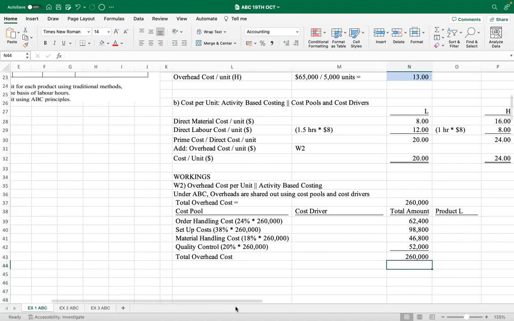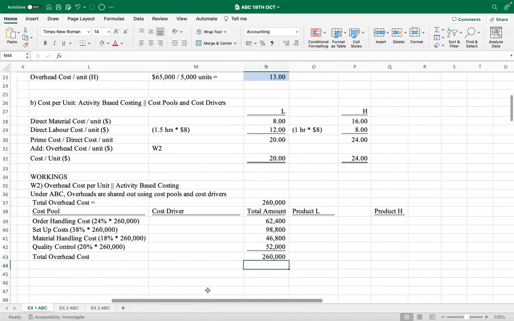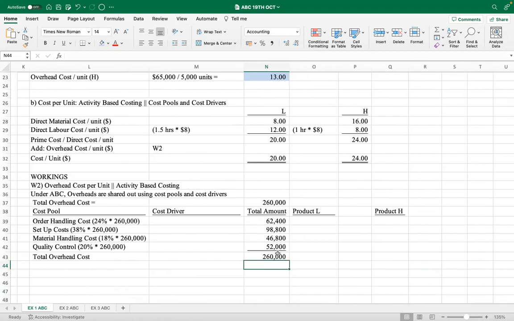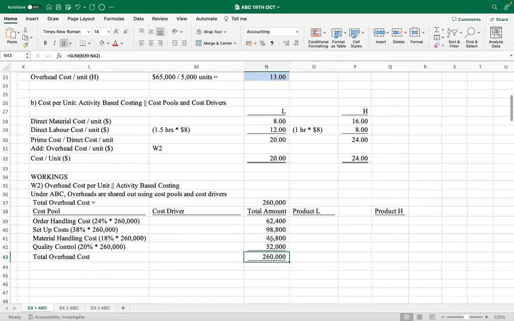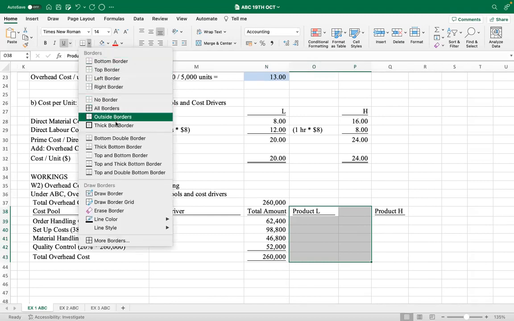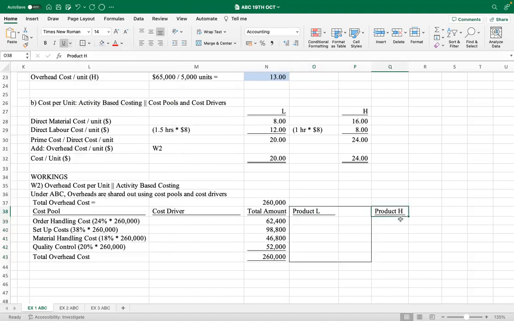So now we want to share out, please understand me. This is the total overhead cost of 260,000. Now we want to share out these overhead costs to product L and product H. And when we are sharing it out, we will be using the appropriate cost drivers.